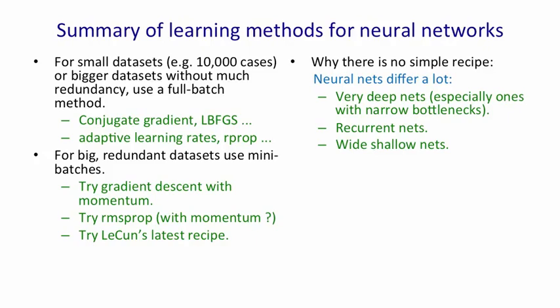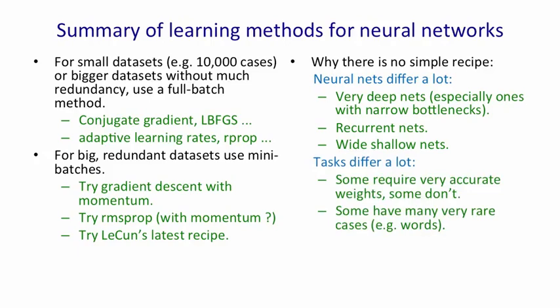They're typically very hard to optimize if you want them to notice things that happened a long time in the past and change the weights based on these things that happened a long time ago. Then there are wide shallow networks, which are quite different in flavour and are used a lot in practice. They often can be optimized with methods that are not very accurate because we stop the optimization early before it starts overfitting. So for these different kinds of networks, very different methods are probably appropriate.